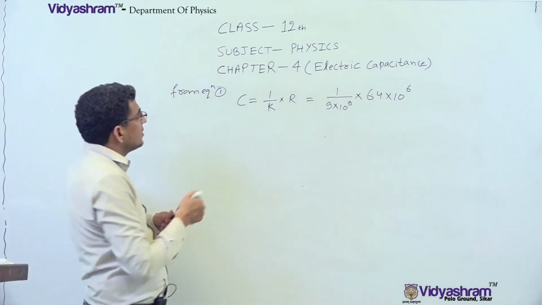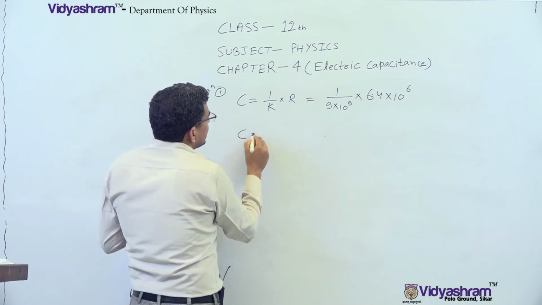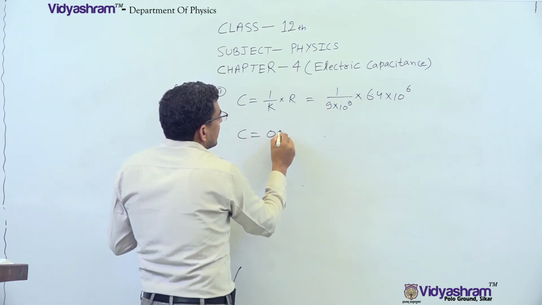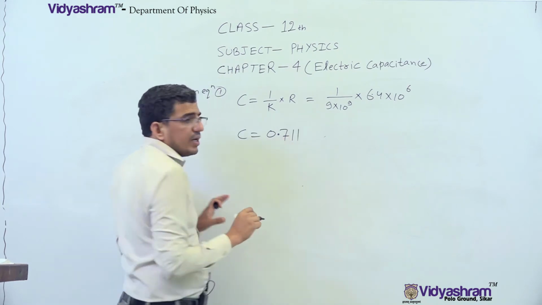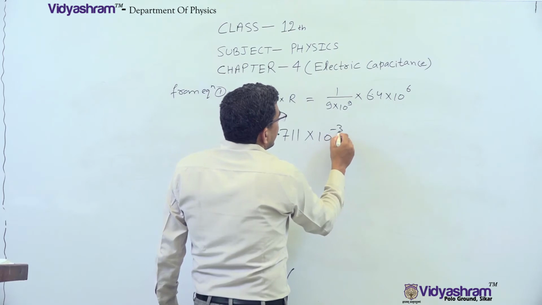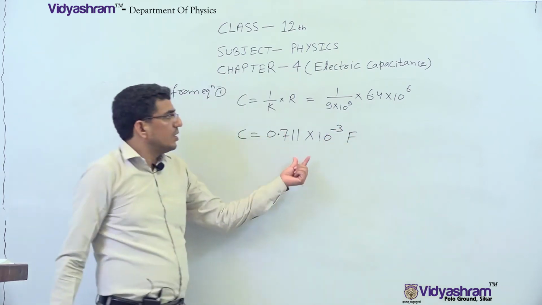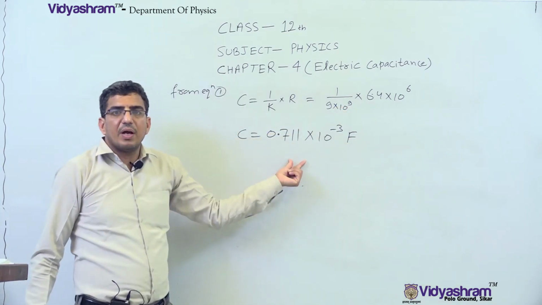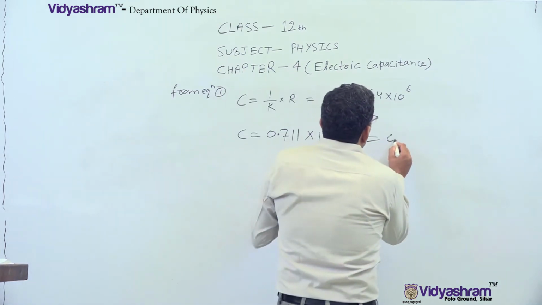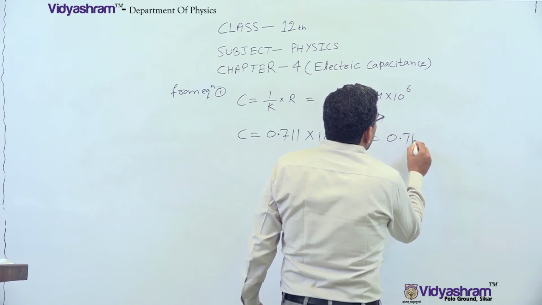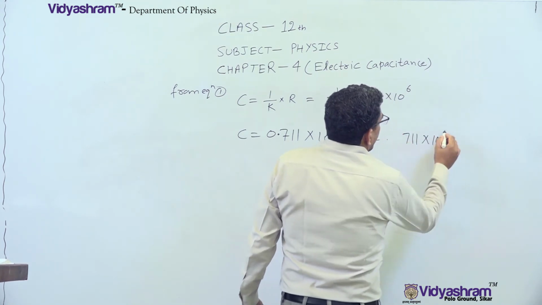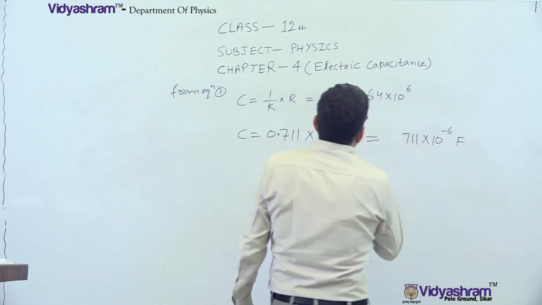Now students, when we solve it, we find 0.711 into 10 power minus 3 farad. When we solve, we find this digit equals 0.711 into 10 power minus 6 farad.